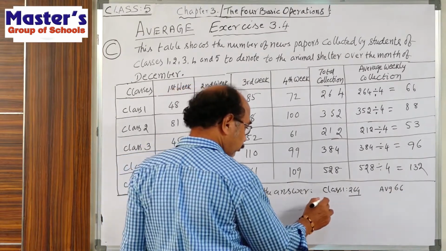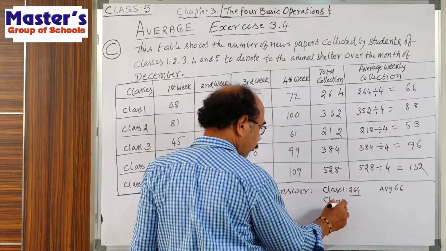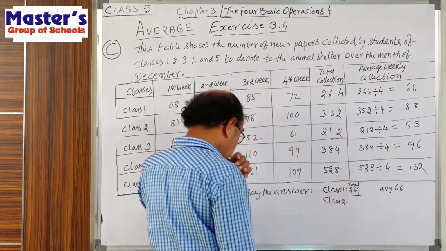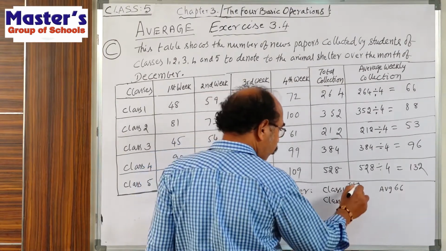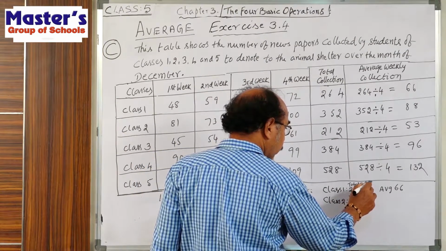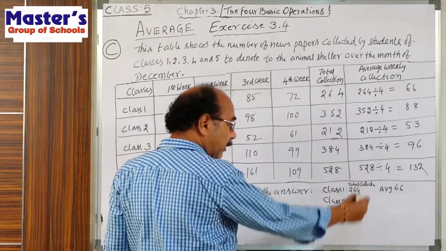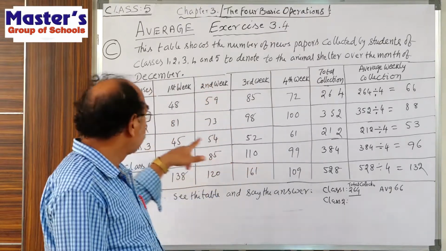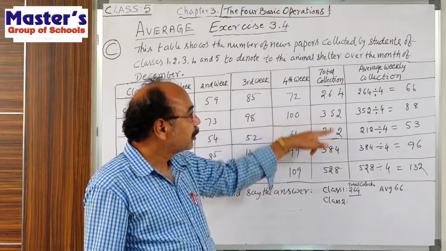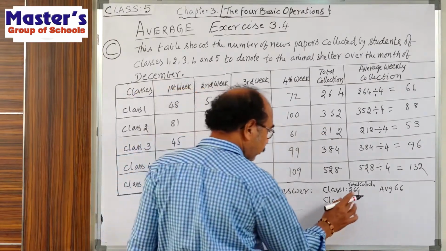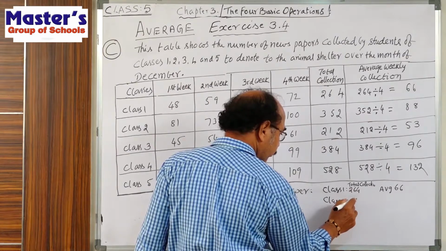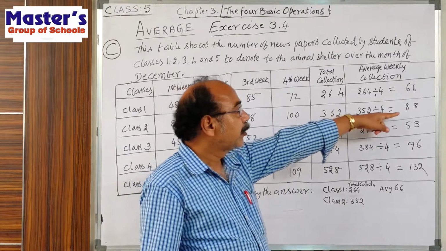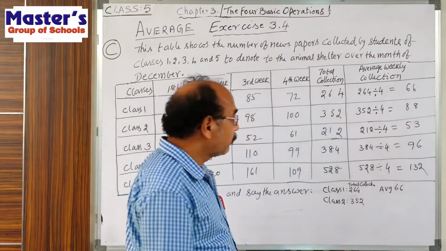Like that, class 2 now. Class 2 total collection: see the table. How much? 350. Right, 350. Average: how much? 88, from the table.